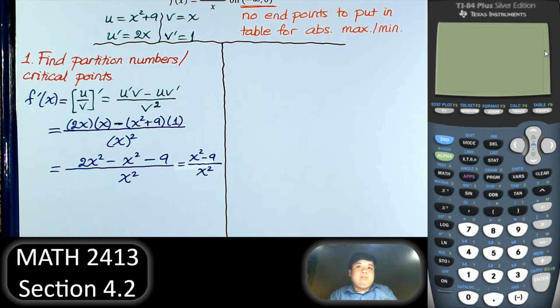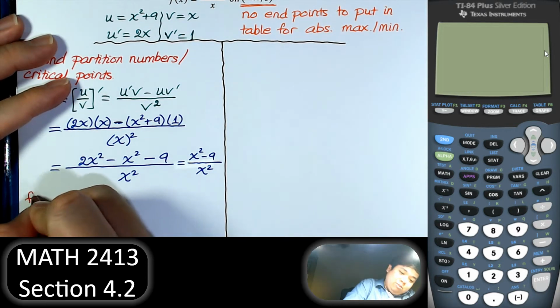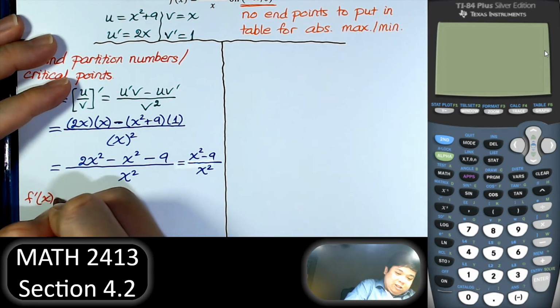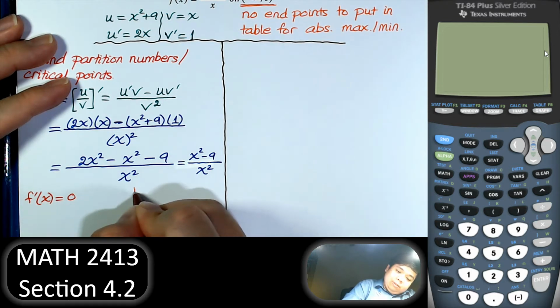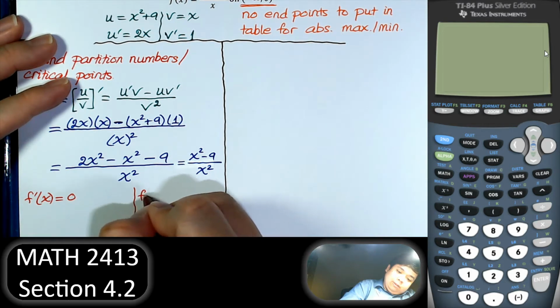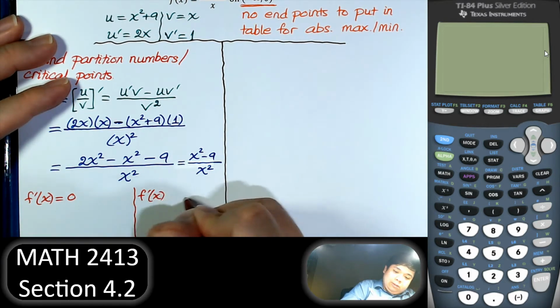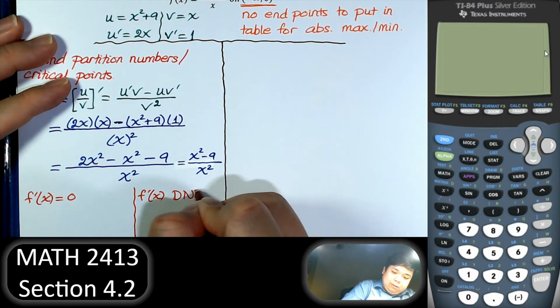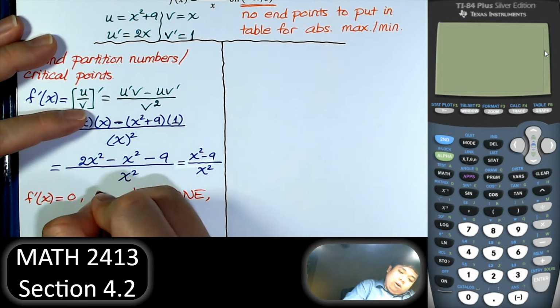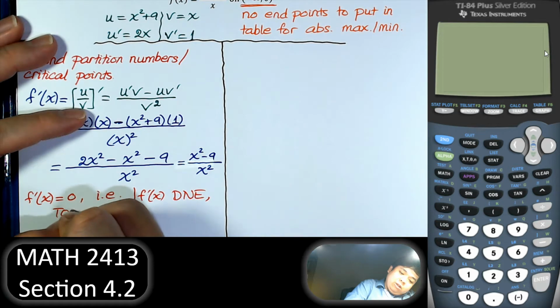So as always, for this kind of problem, we set it equal to 0 and find where it does not exist. We see this many times. Equal to 0, meaning the top equal to 0.